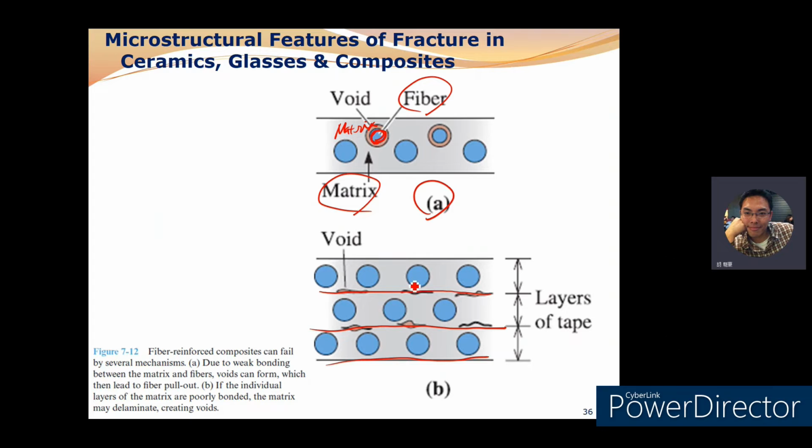Even though the bonding between the matrix and the fiber is strong, if the bonding between layers is weak, the fracture or the crack will form between layers like this. Okay, this is the crack. The crack will form between layers.